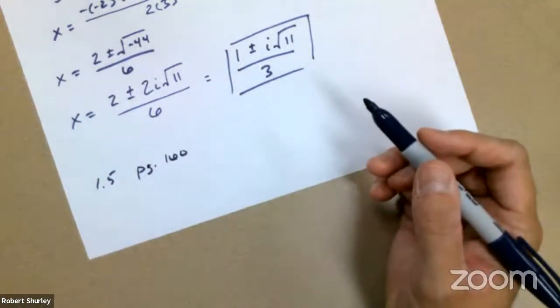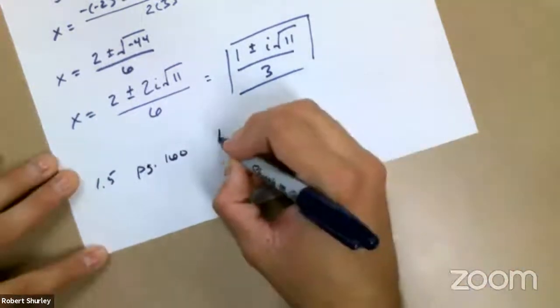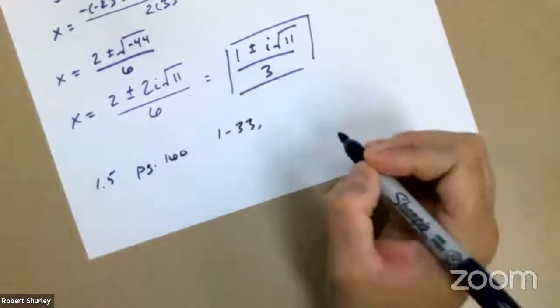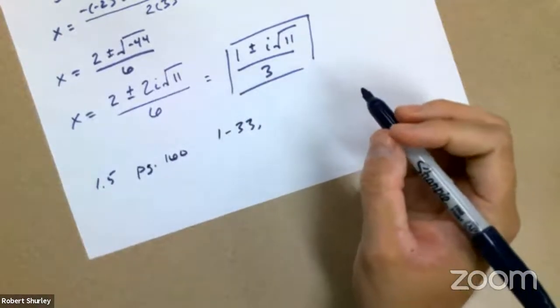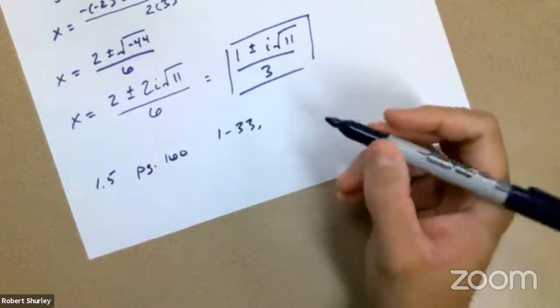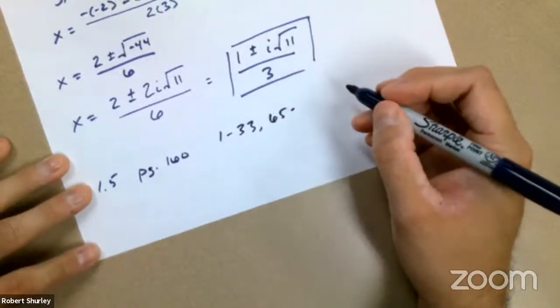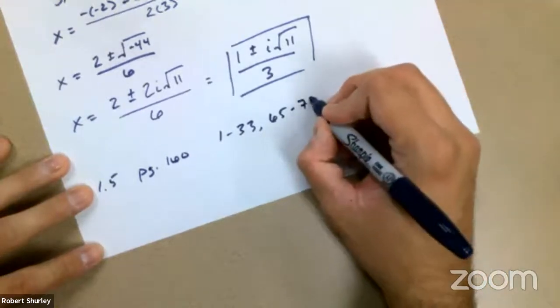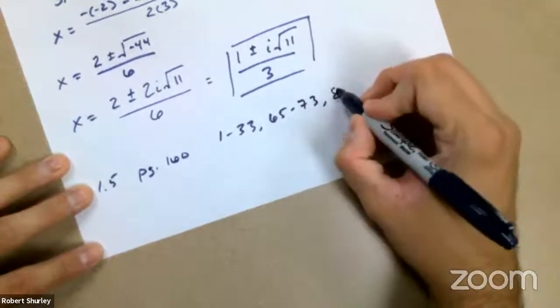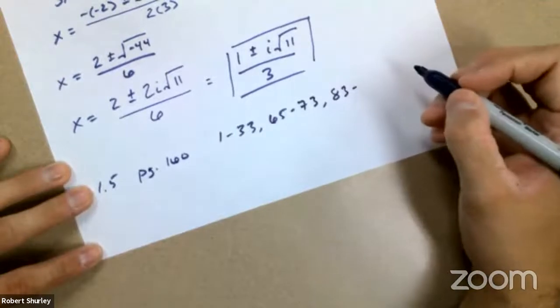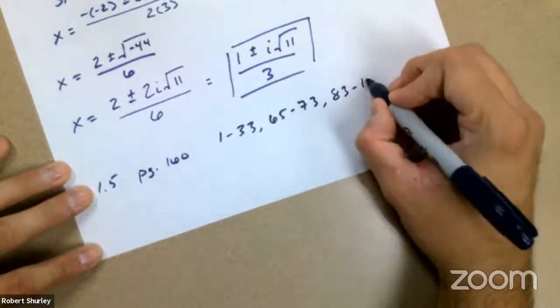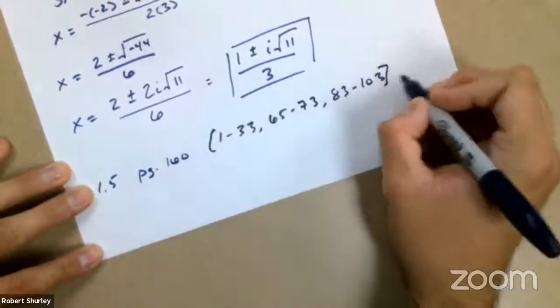1 through 33, these are all going to be odd because there's just a lot thrown at you right here. 1 through 33, and then 65 through 73, and 83 through, let's say, 103. But these are all going to be odd.